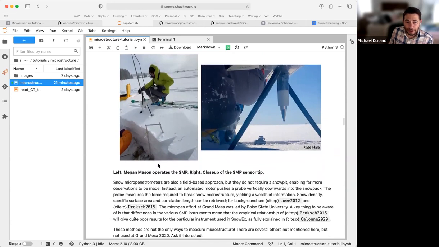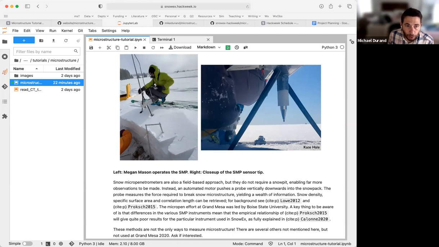And then the third method to measure was SMP, Snow Micropenetrometers. And those are also a field-based approach, similar to ice cube, but they do not require a snow pit, and thus are amazing because you can get way more spatial coverage. The idea is that here's Megan Mason, who is the lead for all of those measurements at SnowEx 20 Grand Mesa.